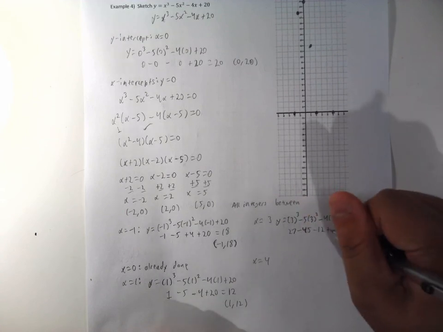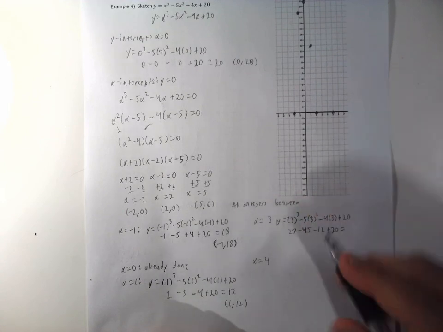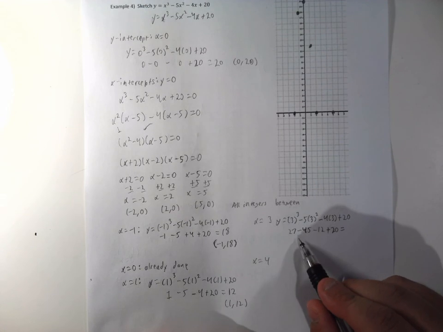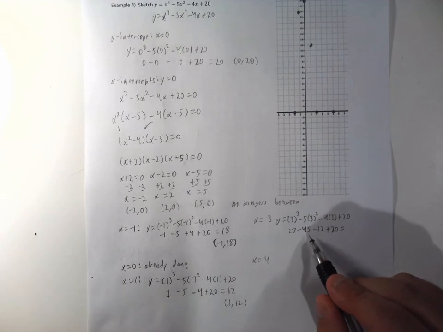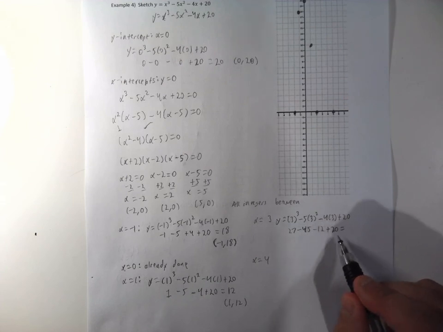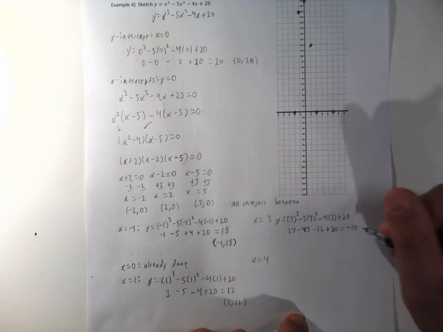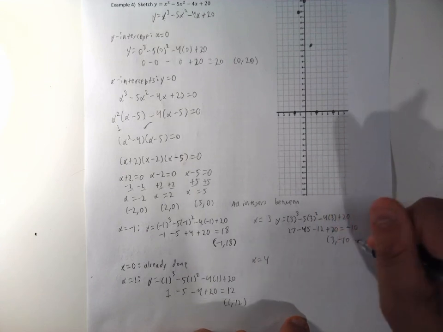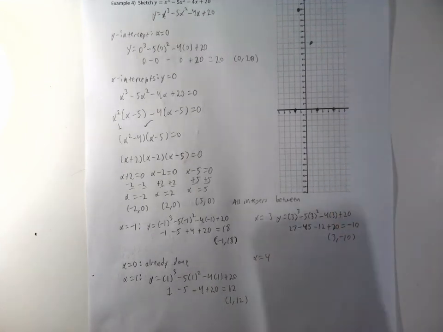Minus 12 plus 20. -18 minus 12 is minus 30, plus 20 will be -10. So that's 3, -10. Okay, just for my own peace of mind, I'm going to check that. Yeah, minus 10.